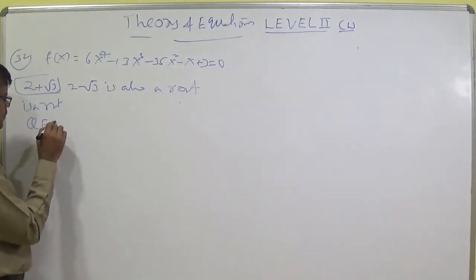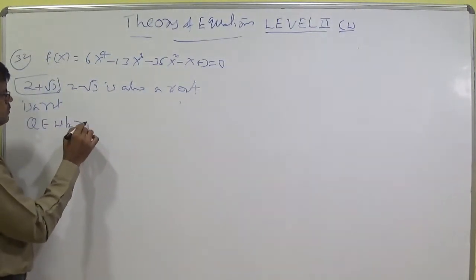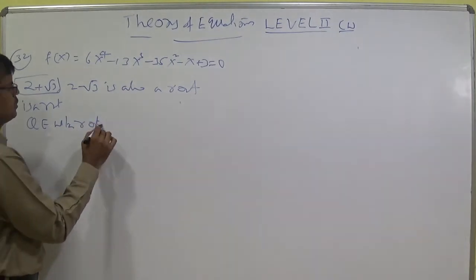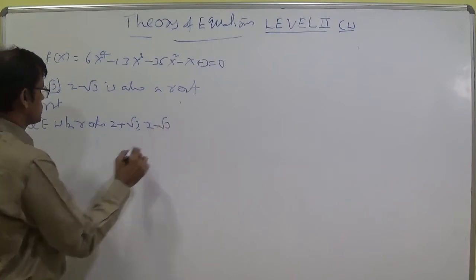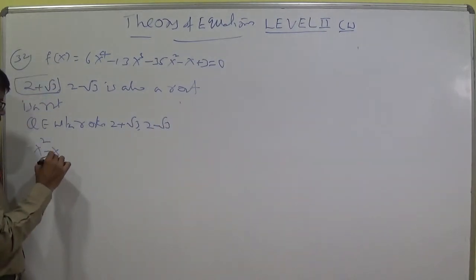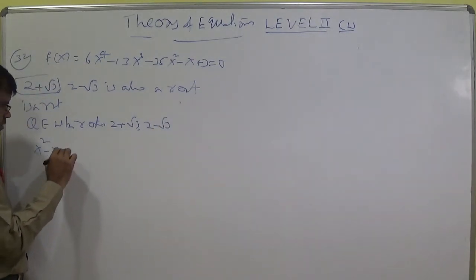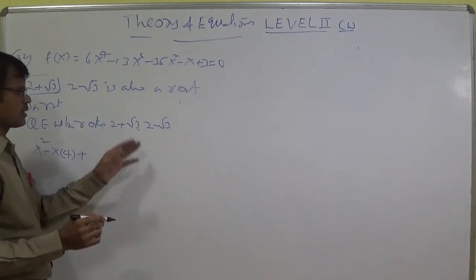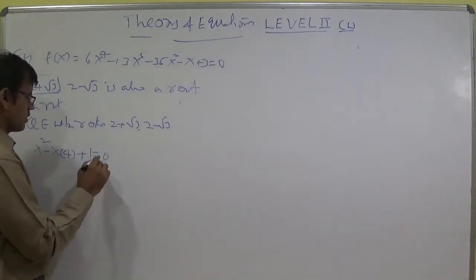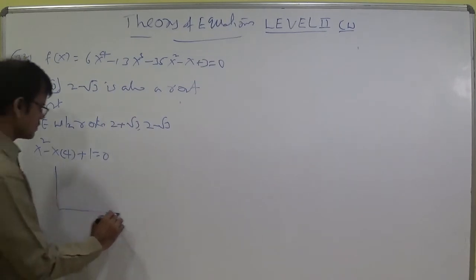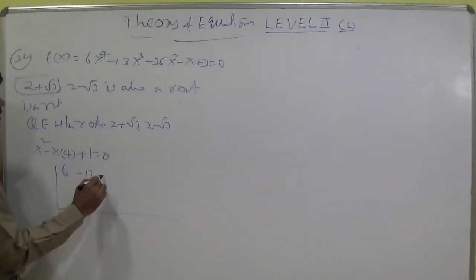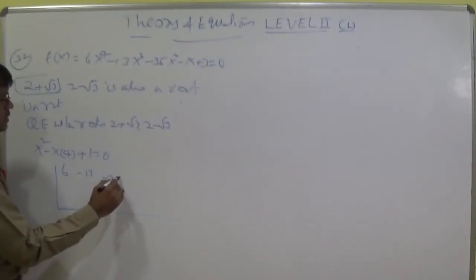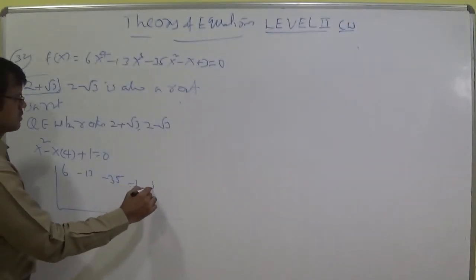Quadratic equation with roots 2 plus root 3, 2 minus root 3: x square minus x into (alpha plus beta), so it is 4, plus alpha beta, 4 minus 3, it is 1. By Horner synthetic division method you can write here 6, minus 13, minus 35, minus 1, 3.